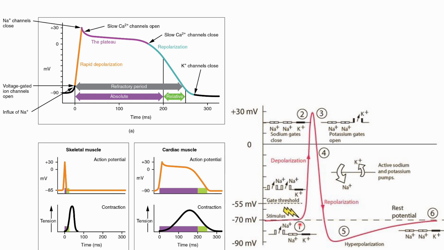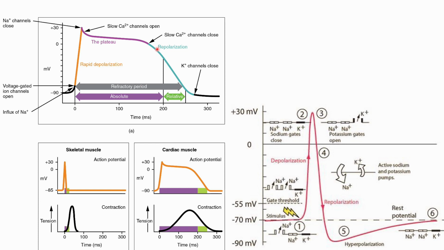Now the plateau phase over here is due to calcium influx through the slow calcium channels, and this keeps the cell depolarized because most of the potassium channels are closed, right? And repolarization is due to the calcium channels inactivating and the potassium channels opening, right?